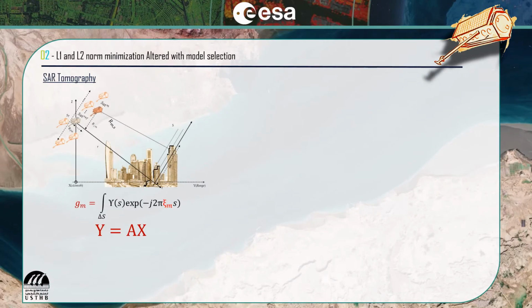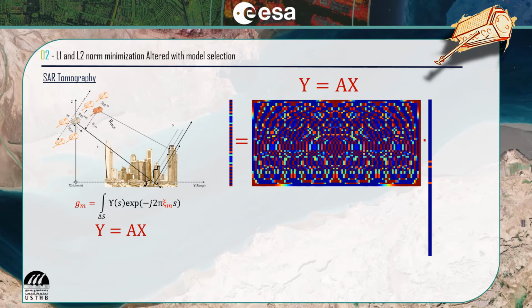The main goal of SAR tomographic reconstruction is to solve the following system of equations. Y is the vector that contains the M complex interferograms. The X vector represents the reflectivity profile along the elevation direction, and A represents the measurement matrix, which primarily depends on the baseline and other parameters.